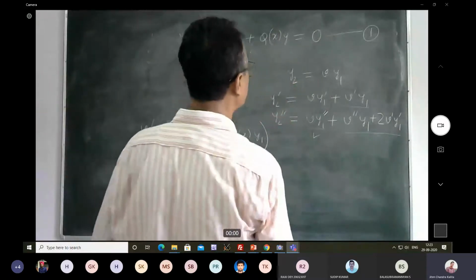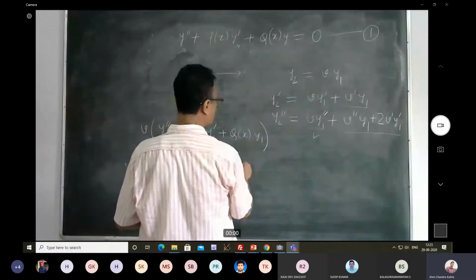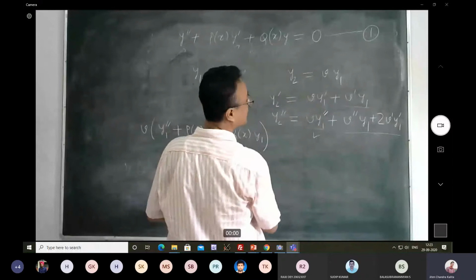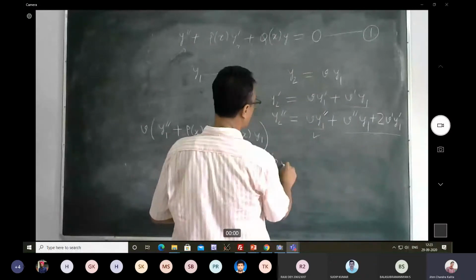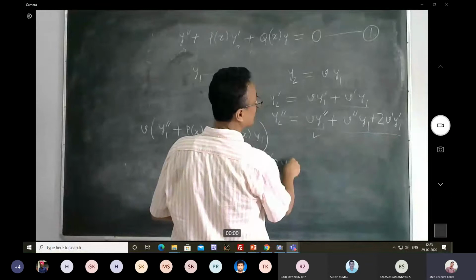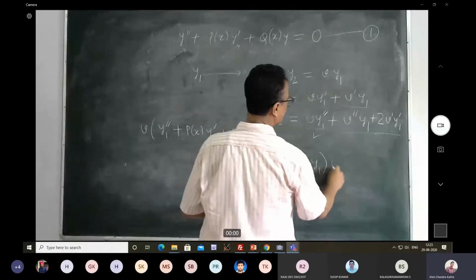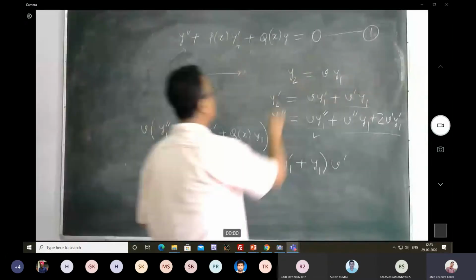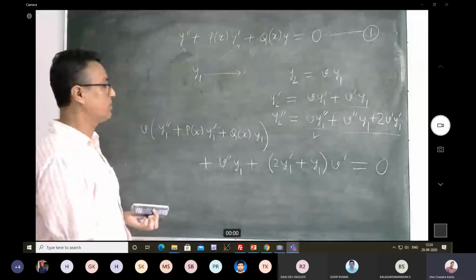So I am going to be left with y1, and then 2 y1 prime plus y1, this. I'll be left with this. Okay, so if I plug this in, I'm going to get this as 0. Is it okay with everybody?